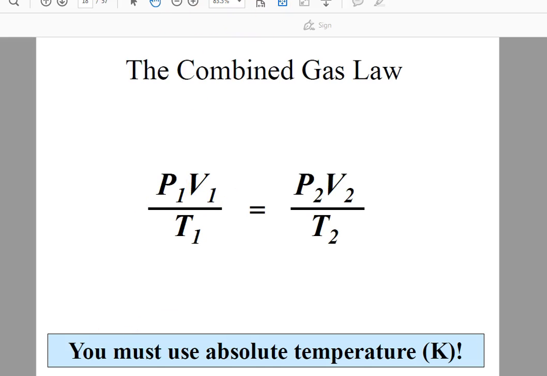So if I cross-multiply, then T2 is going to be up here, and T1 is going to be over here, and I won't have these fractions anymore. So P1 V1 T2 equals P2 V2 T1. This is called the combined gas law because it has all your variables in one equation.